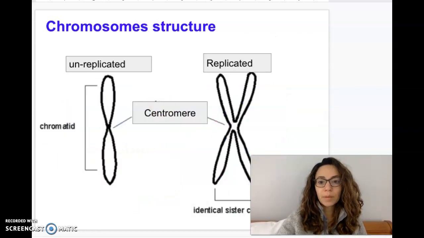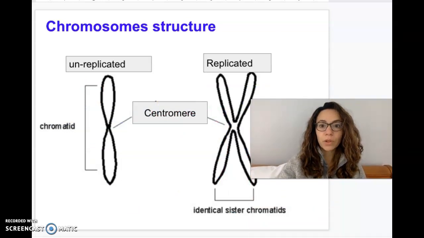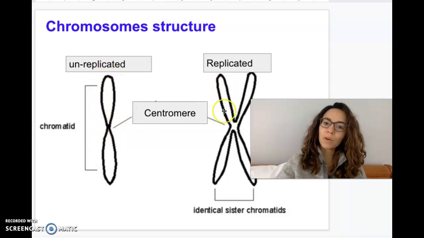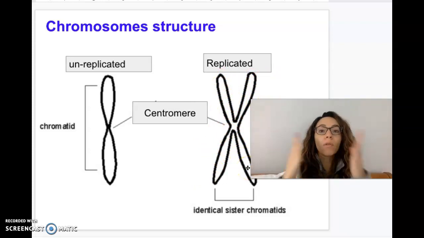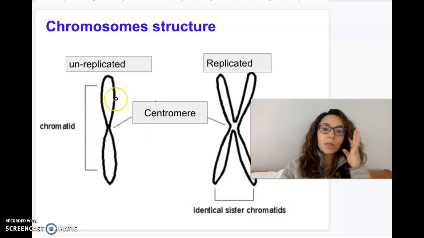So let's talk about some important vocabulary words when we're looking at chromosome structures, and it might help to actually draw this in your notes. Normally when you think of a chromosome, I think most people think of that X shape, but really the X shape is when the chromosome is replicated. So when the DNA is already replicated.